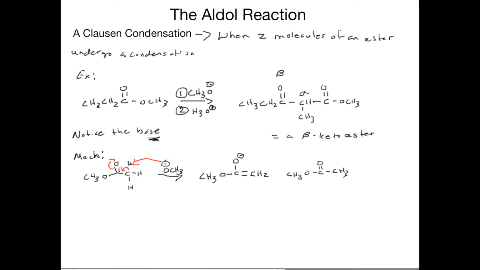Now what we're going to see though is something a little bit different, whereas in the aldol addition we didn't have a leaving group. Now we do, because notice that our base is a methoxide. Well, the ester that I have would kick out a methoxide, so now I have a leaving group.